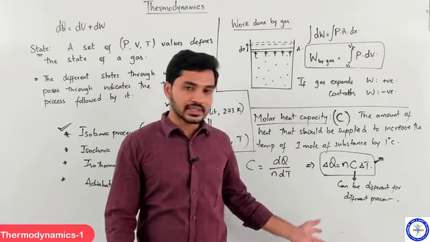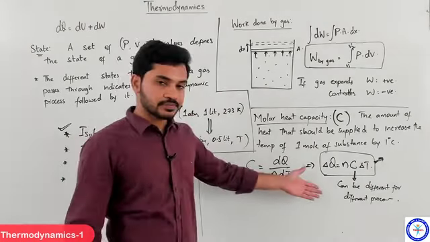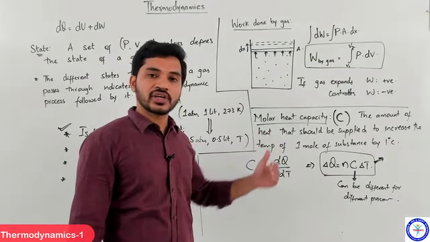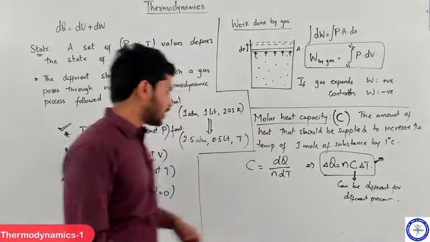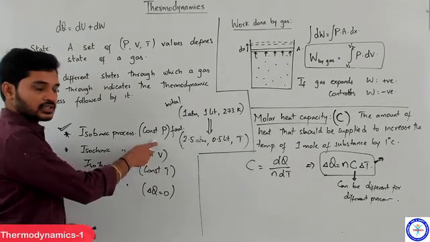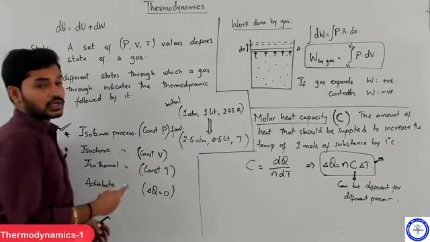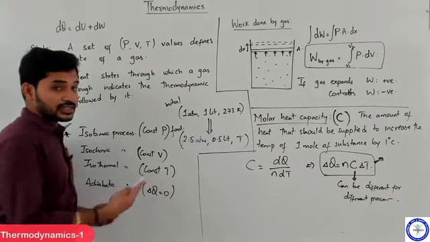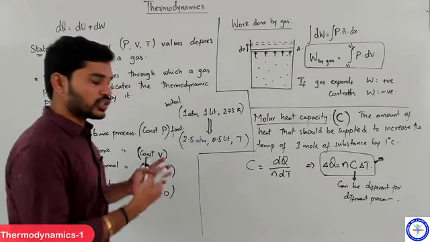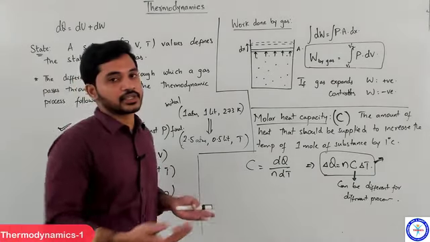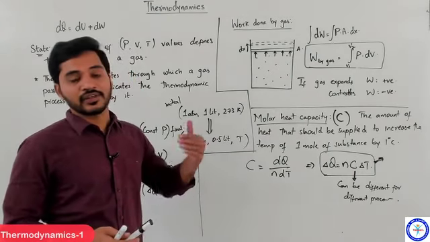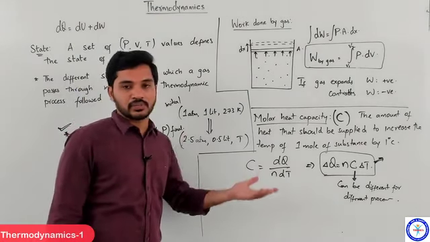But for a gas, it is not like that. For a gas, depending on how we are giving the heat, are we giving the heat by maintaining the pressure, or by maintaining the volume, or by maintaining the temperature? Depending on which type of process the gas is undergoing, it defines how much heat should be supplied to the gas.